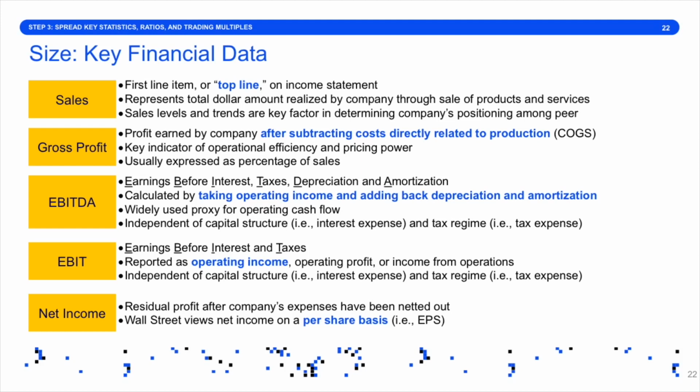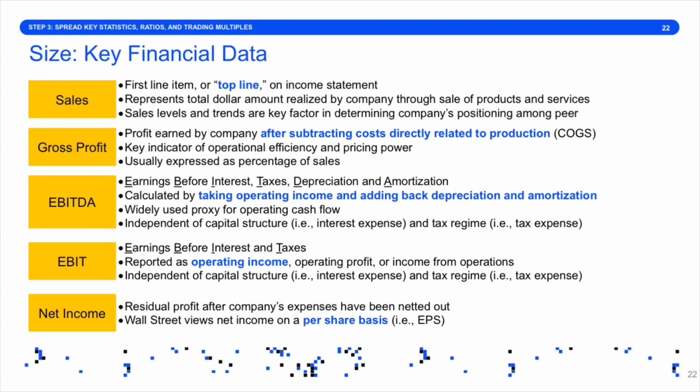Earnings, profits, you can call it whatever you want. That is, in fact, the most basic valuation multiple: equity value divided by net income. Or if you want it on a per share basis, price divided by earnings per share. Same thing. So this is the most basic thing.